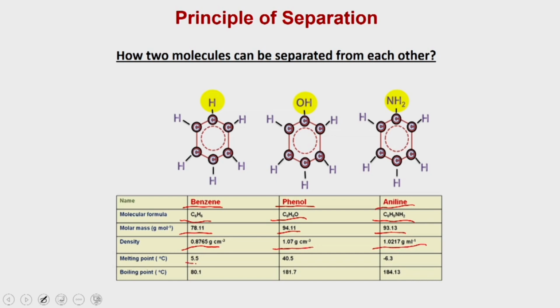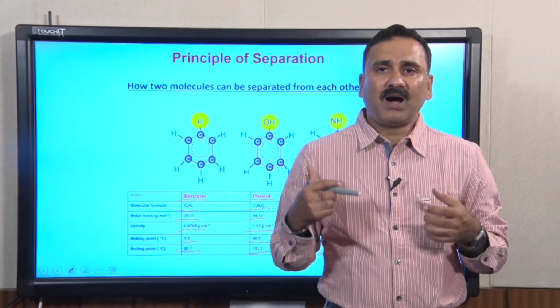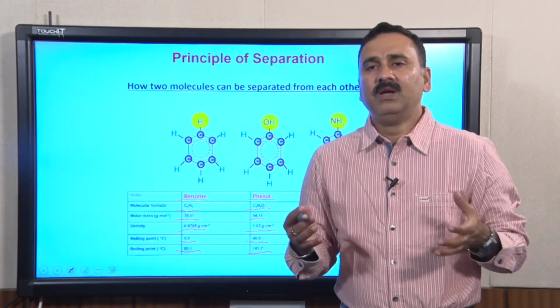The melting point is 5.5 degrees Celsius for benzene, 40.5 for phenol and minus 6.3 for aniline. And the boiling points are 80.1, 181.7 and 184.13. So, you can see all these 3 molecules vary in many of their physical as well as chemical properties.